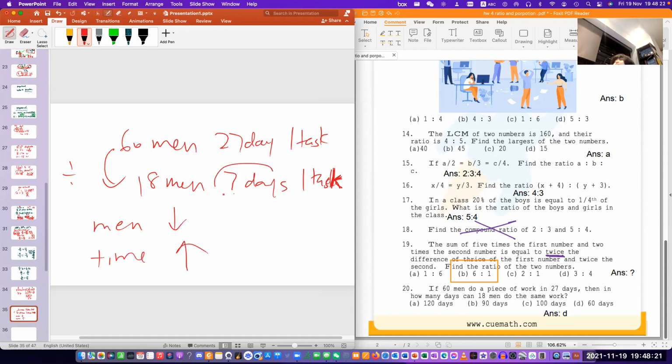So that means the number of days should be higher than 27 by this factor. So what is this factor? Can you help me out using your calculator? Give me a mixed number. 60 divided by 18.